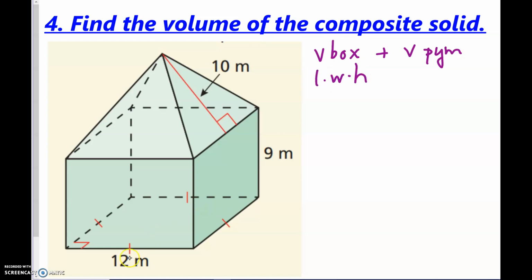Looks like we have a square on the bottom, so it is 12 times 12, and then the height of this box is 9, plus the volume of the pyramid, so we're going to take 1/3, and for the pyramid, that bottom is a square, so the area of the base is going to be side squared times the height.